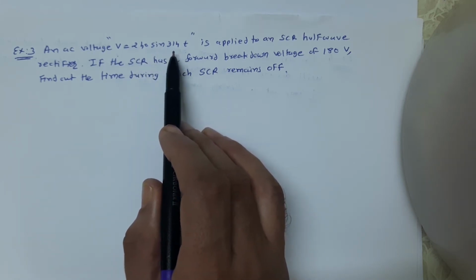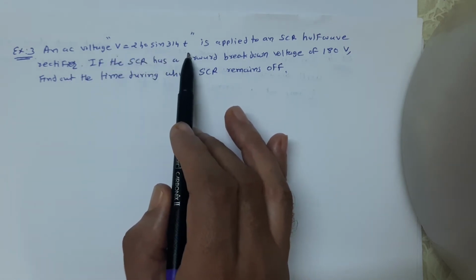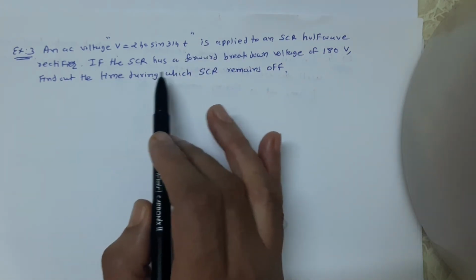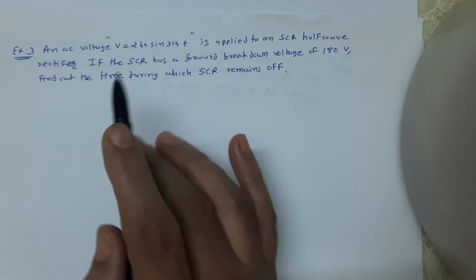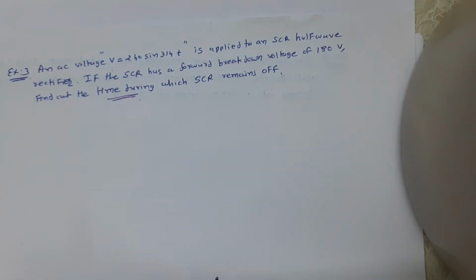This is a very simple form. The AC voltage V equal to 240 sine 314 t is applied to an SCR half wave rectifier. If SCR has a forward breakdown voltage of 180 volt, find out the time during which SCR remains off.